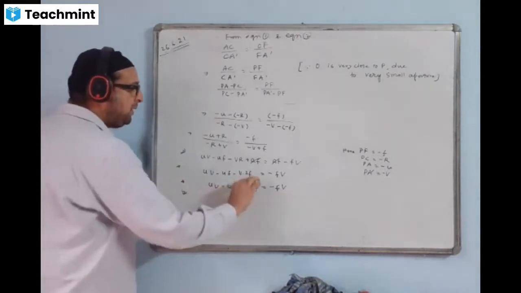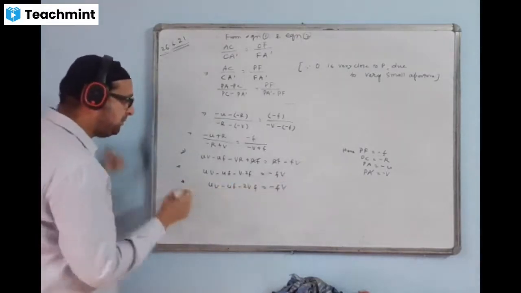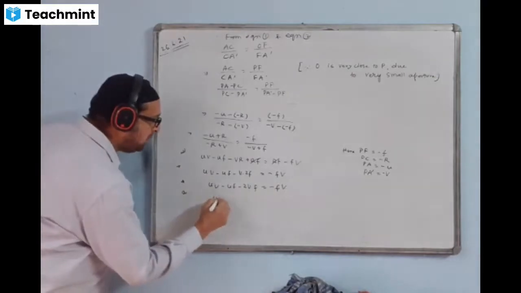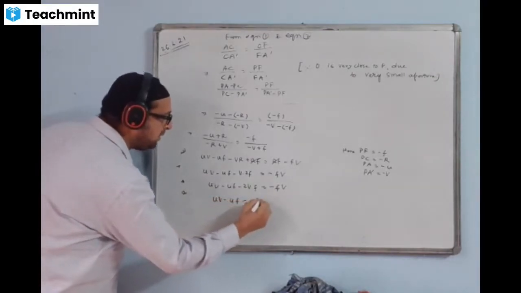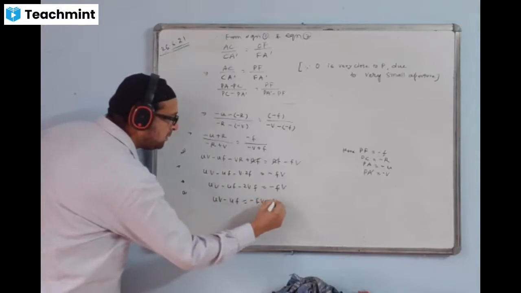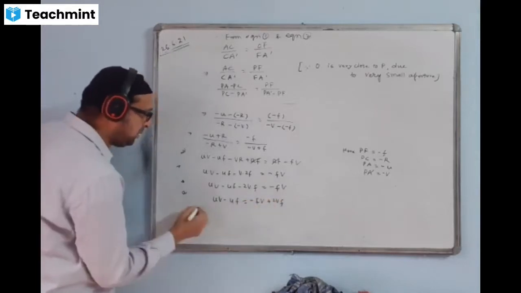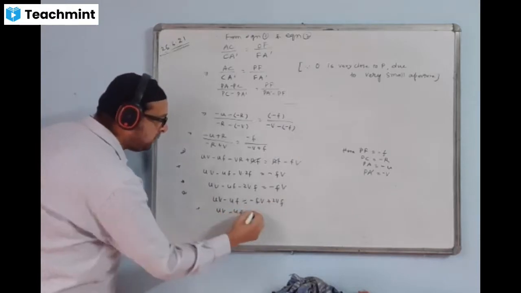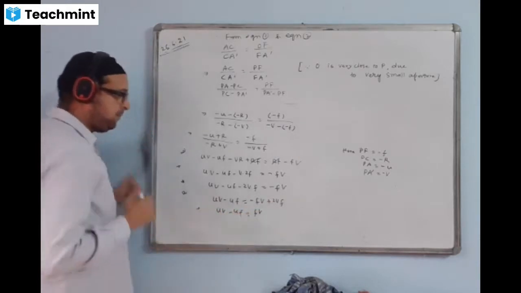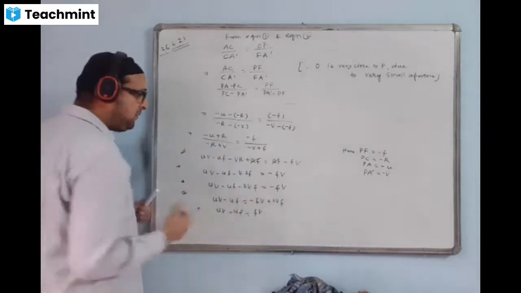This minus 2VF I send the other side. It will become UV minus UF is equal to minus FV plus 2VF. So it will become UV minus UF is equal to FV. FV and VF is same.